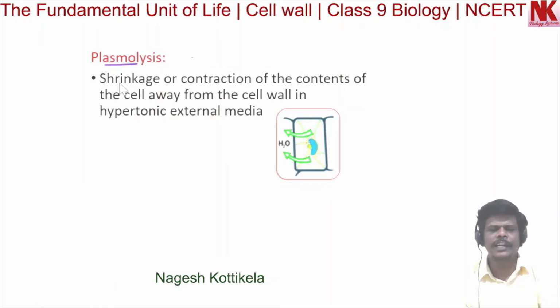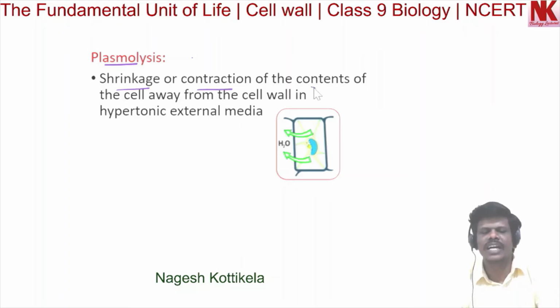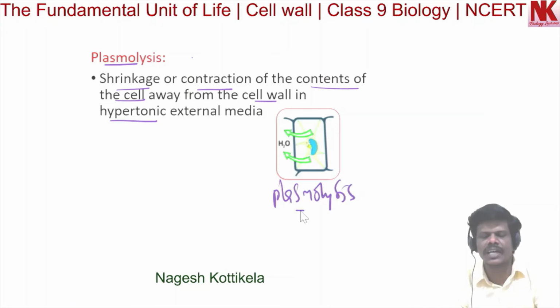plasmolysis. It is shrinkage or contraction of the contents of the cell away from the cell wall in hypertonic external media. Here we can see the diagram of plasmolysis. This diagram explains plasmolysis process.